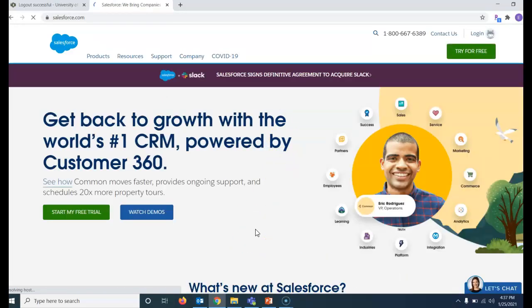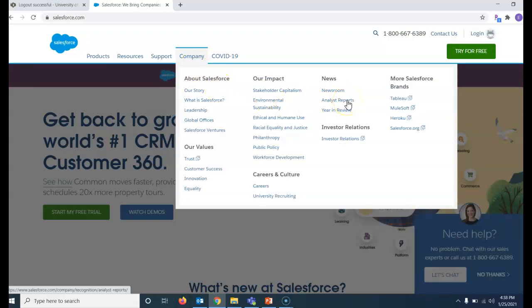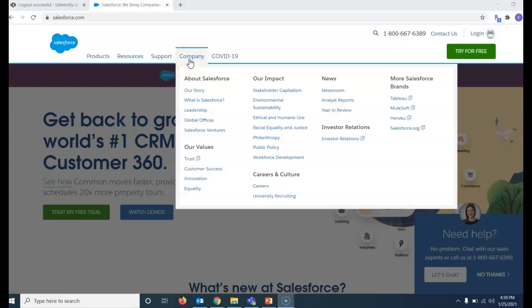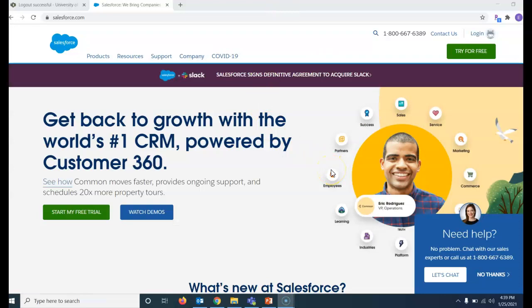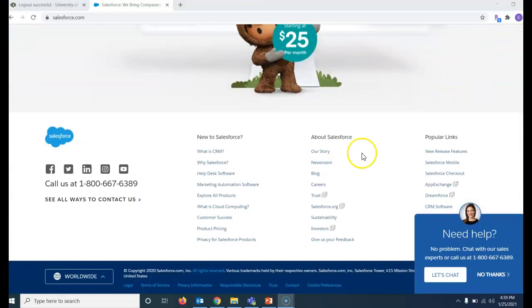So for any public company, generally what you do, sometimes there's this thing that says company, and within company, you can find this information. Sorry, hold on. All right, sorry about that. So for some companies, there'll be a company tab and you can go look and you can find investor relations. Most companies, it's not going to be there. And so what you have to do is generally scroll to the bottom and there will be something that says investors.